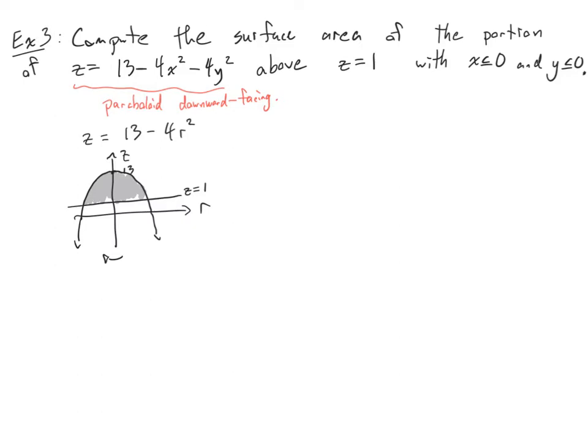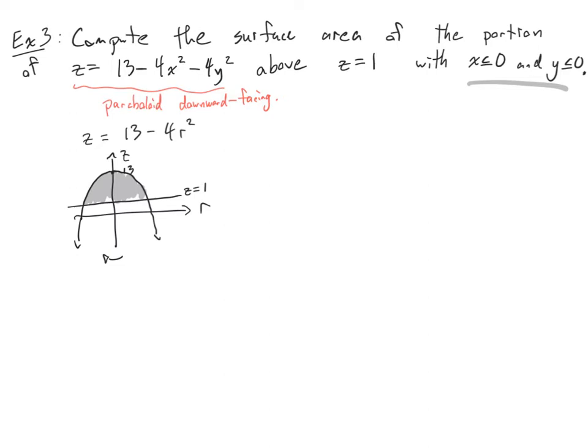We're just taking a quarter of this overall surface area. So we could compute the total surface area of this portion of the paraboloid and then divide it by 4. That would be one way to do this problem. But we could also set up the integral to only integrate over the portion that we care about.